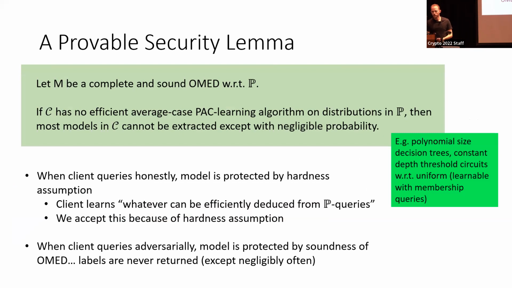The intuition here is that when the client queries honestly, the model is protected by the hardness assumption. On the other hand, when the client queries adversarially, the model is protected by the soundness of the OMED and the fact that in that case, the adversary never would have seen the labels.